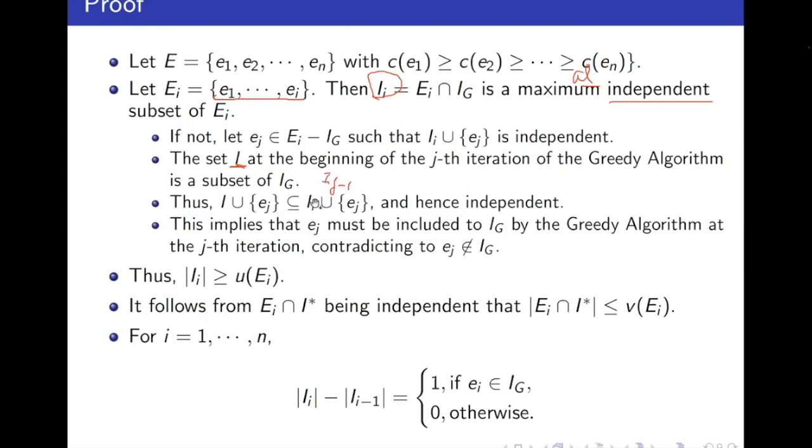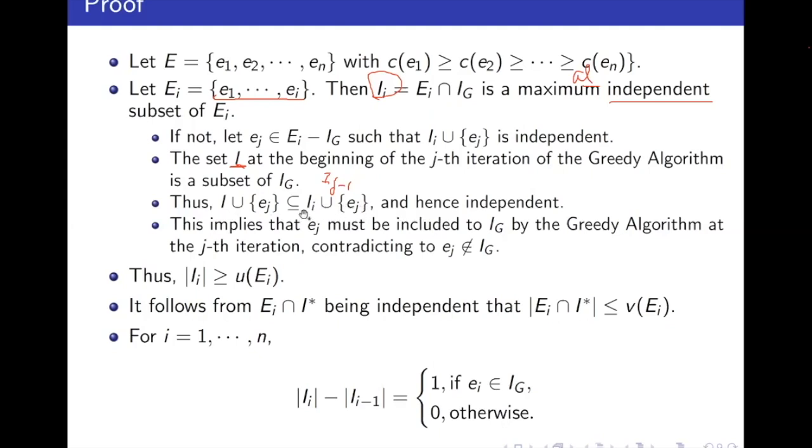And because I sub I is also everything in IG, this is also in IG. So then I put this EJ in it, and it will be included in IG. So this I sub J minus 1 with EJ added will be a subset of I sub I with the new element added.